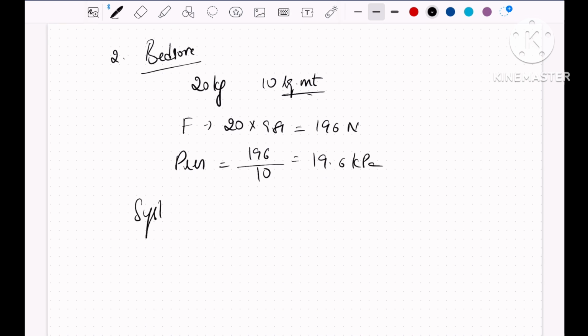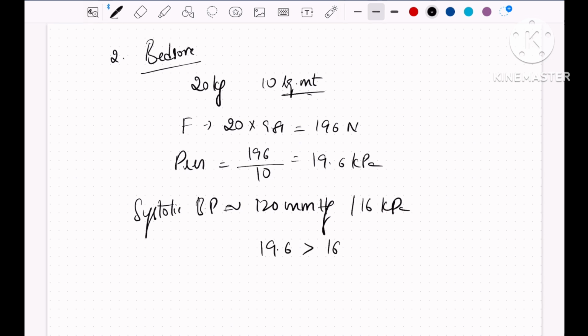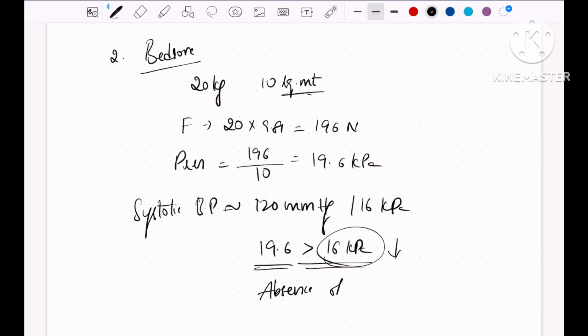As we have already discussed, the systolic blood pressure is nearly 120 millimeters of mercury or 16 kilopascals. This 19.6 kilopascals versus 16 kilopascals. As the systolic blood pressure is low compared to the pressure generated at the site, there is absence of blood supply to that area, leading to ischemia and bedsore formation.